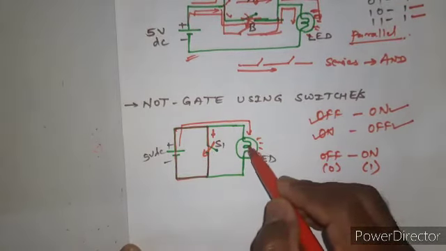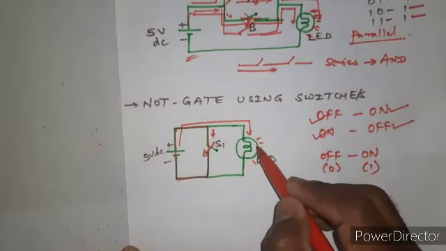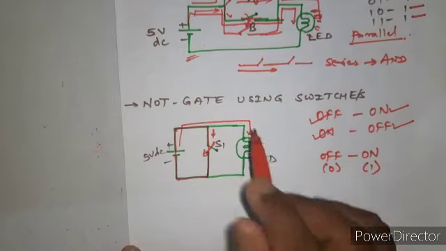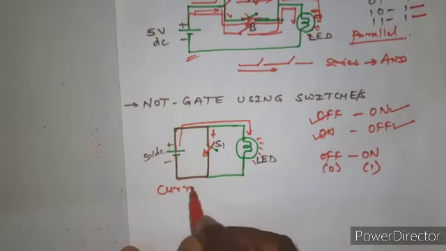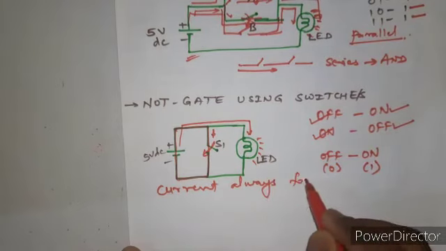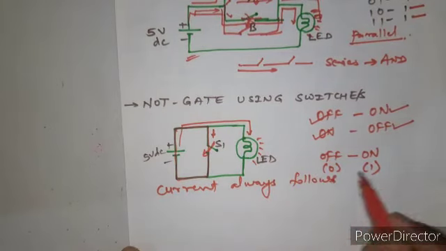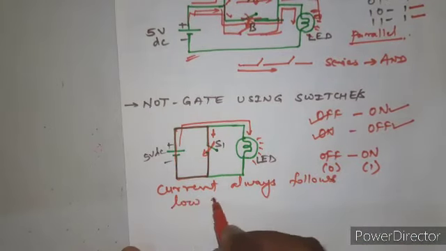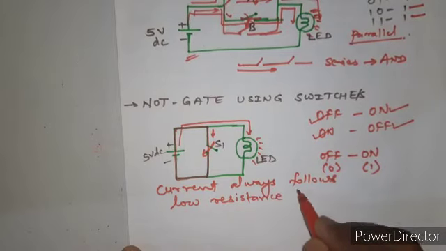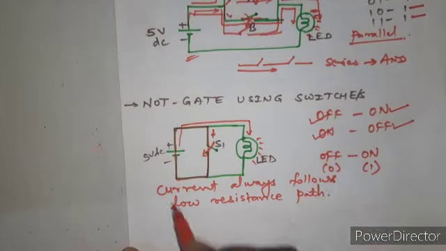Since this LED has some resistance and this has very low resistance or no resistance, and you know current always follows the low resistance path. So this is a short circuit, we have shorted.